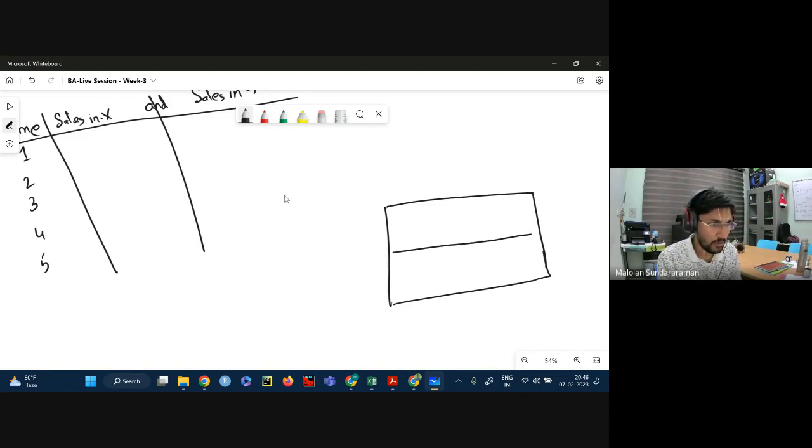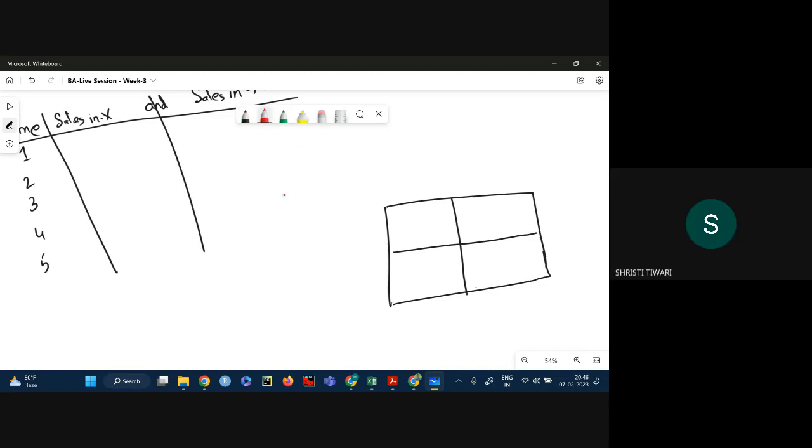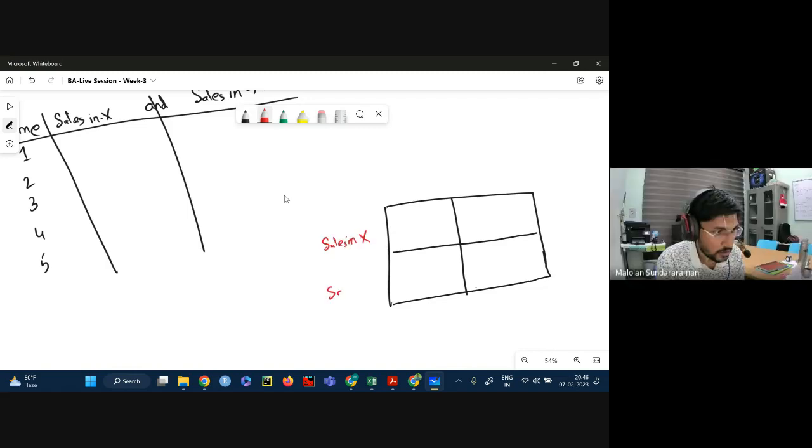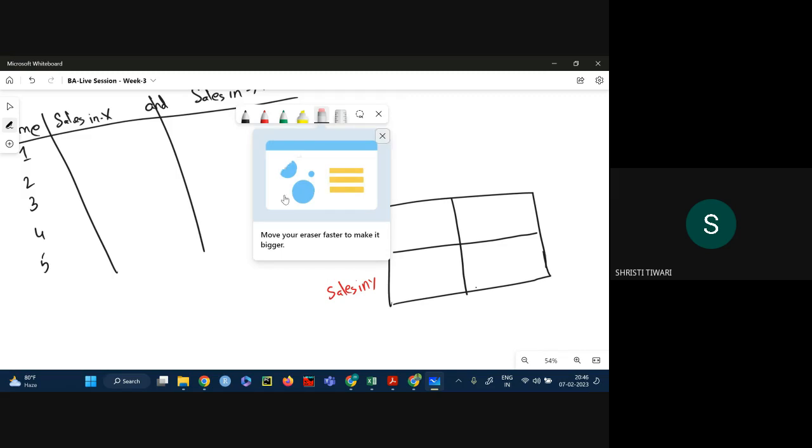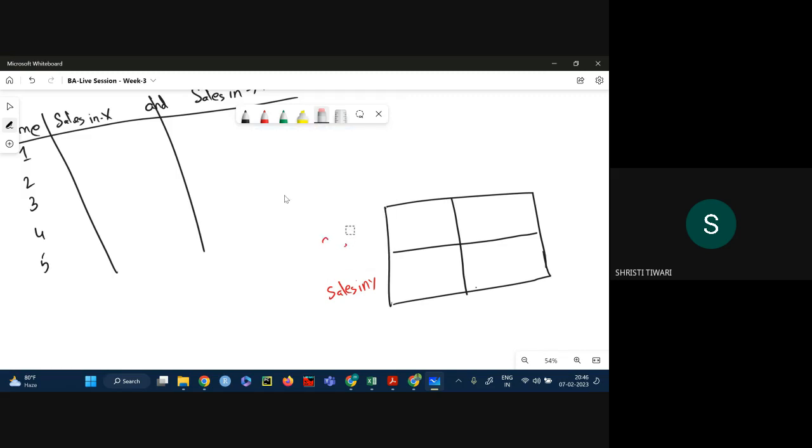What will be the rows? What will be the columns? So sir, I think sales in X and sales in Y should be in columns. Sales in X, sales in Y should be in columns.